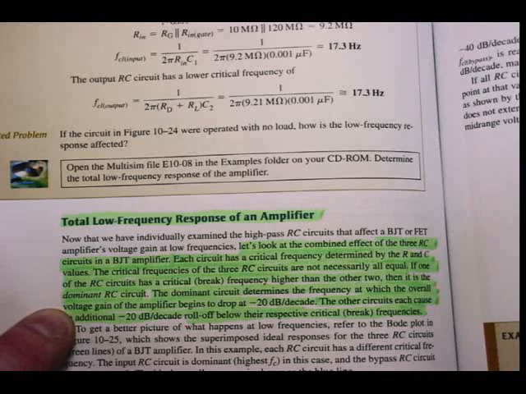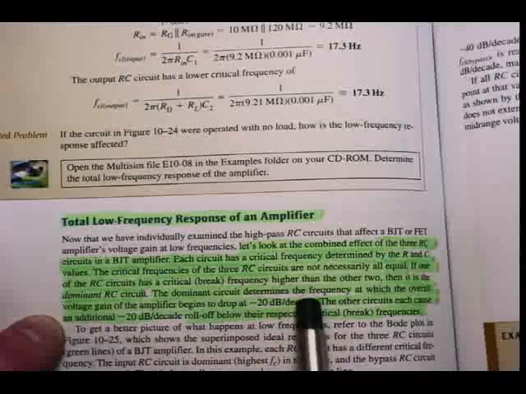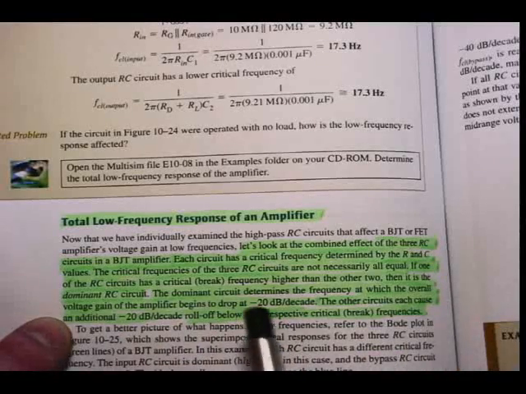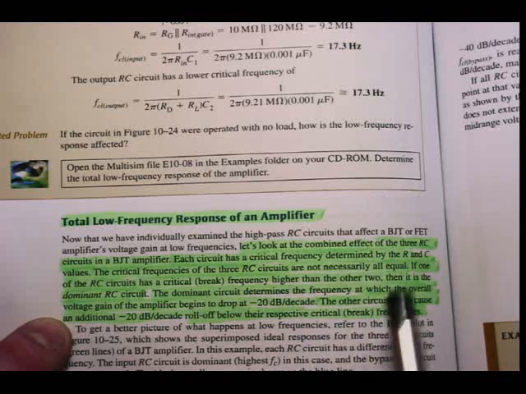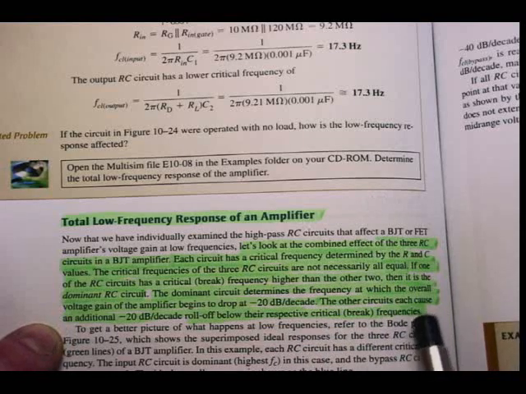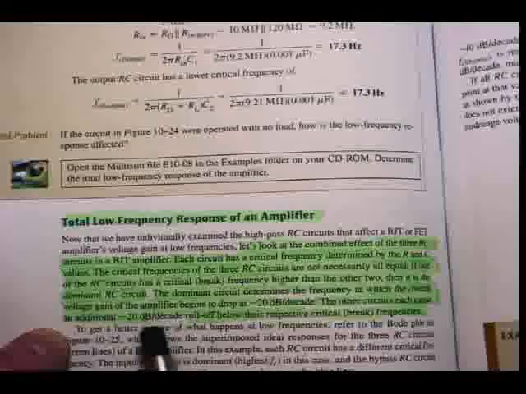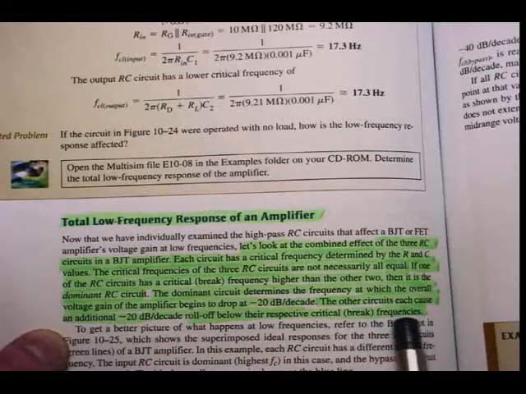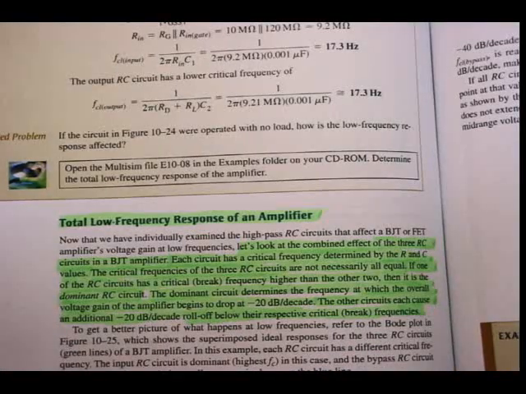The dominant circuit determines the frequency at which the overall voltage gain of the amplifier begins to drop at minus 20 dB per decade. The other circuits each cause an additional minus 20 dB per decade roll-off below their respective critical break frequencies. Let's have a look at figure 10.25 so that we can see what happens here.